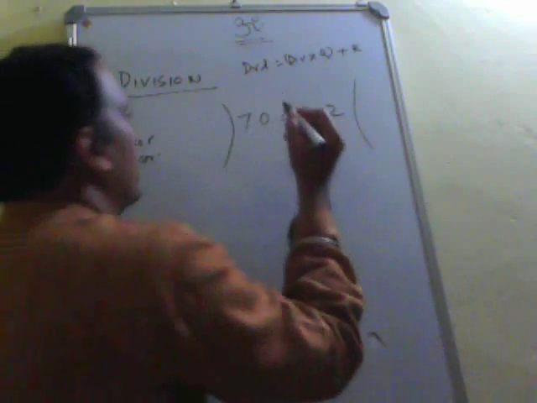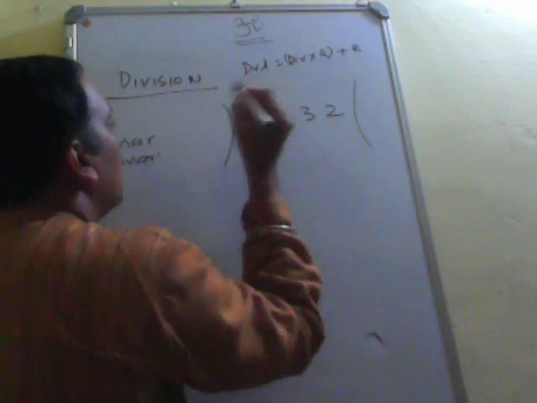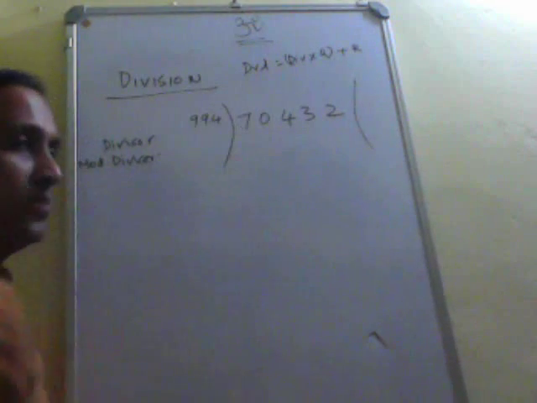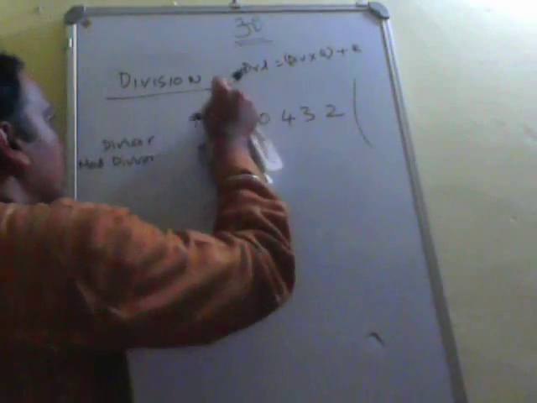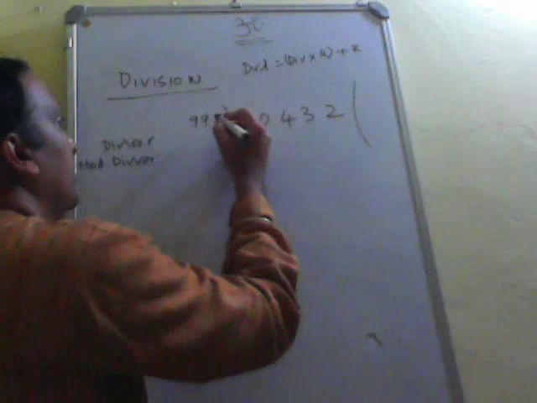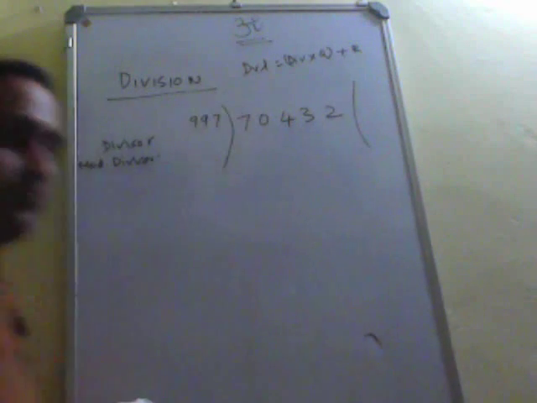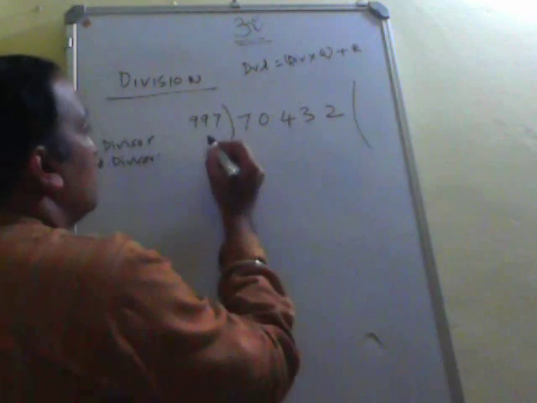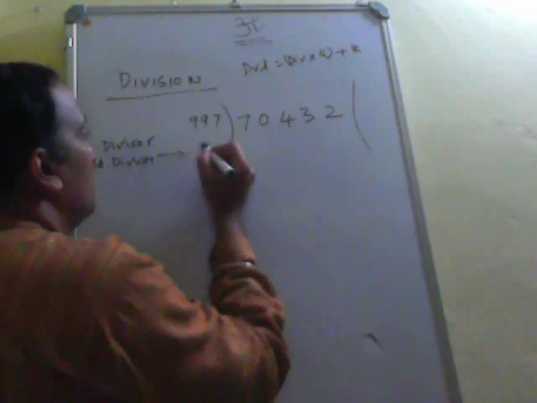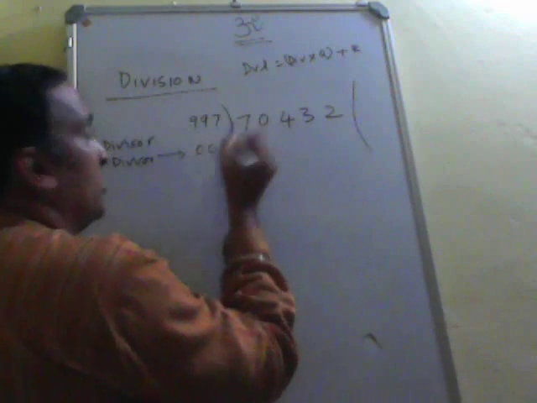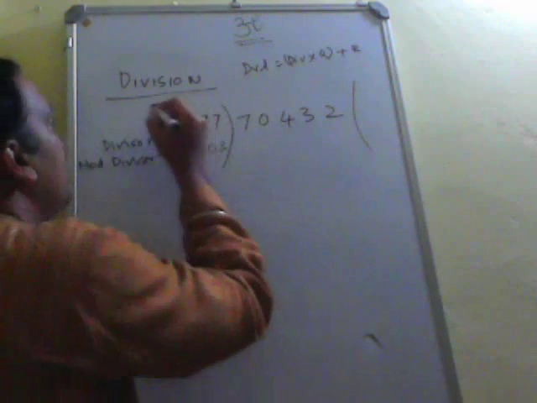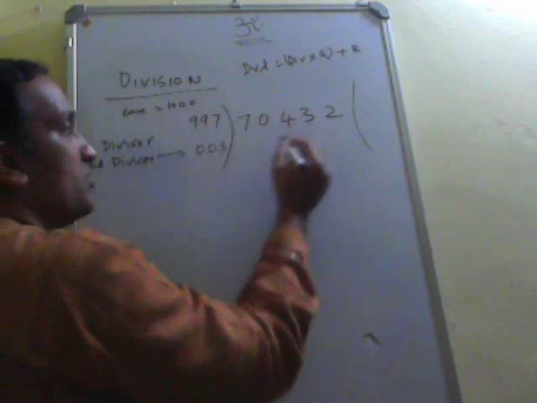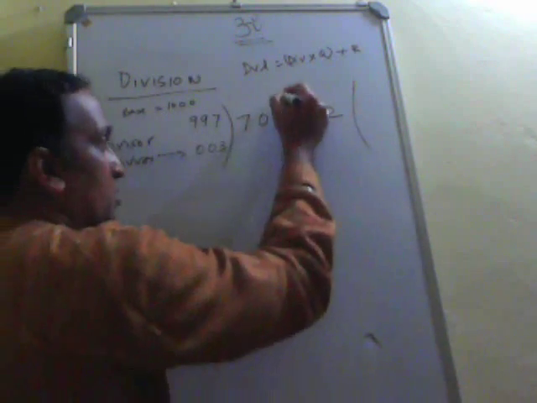Okay, in this case, instead of 994, I will take 997. So what is the modified divisor now? 003. The base is 1000, which has 3 zeros, so cut off 3 places here.